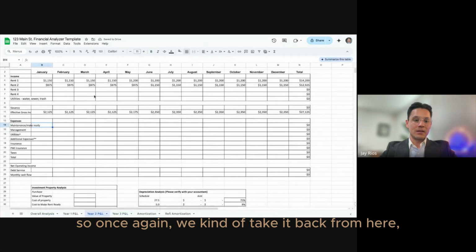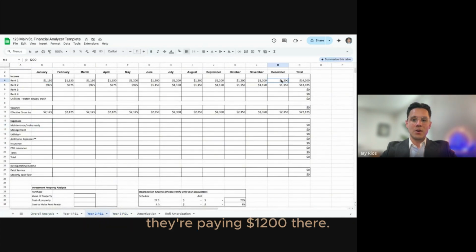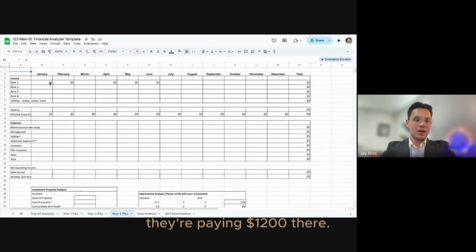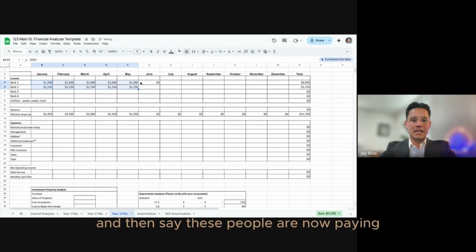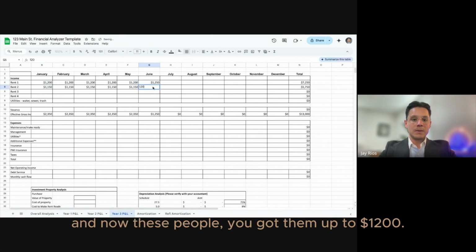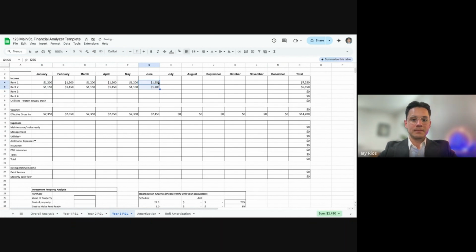So once again, we kind of take it back from here. If they're paying $1,200 there, we'll get them in there like that, and then they extend, and then say these people are now paying $1,250 when they renew, and now these people, you got them up to $1,200.